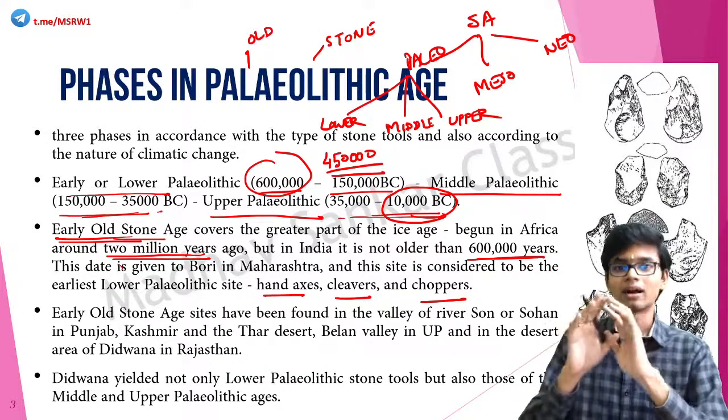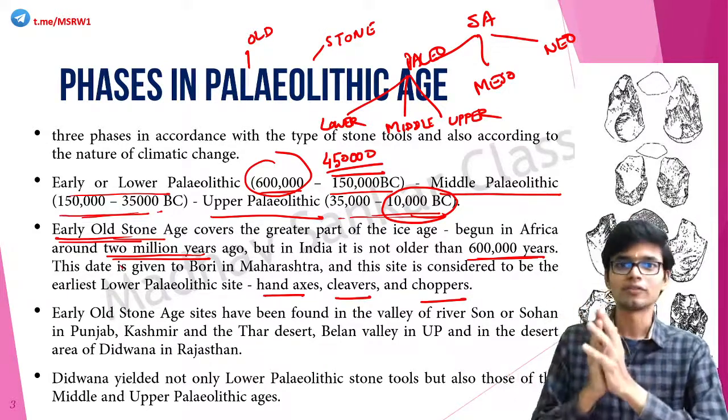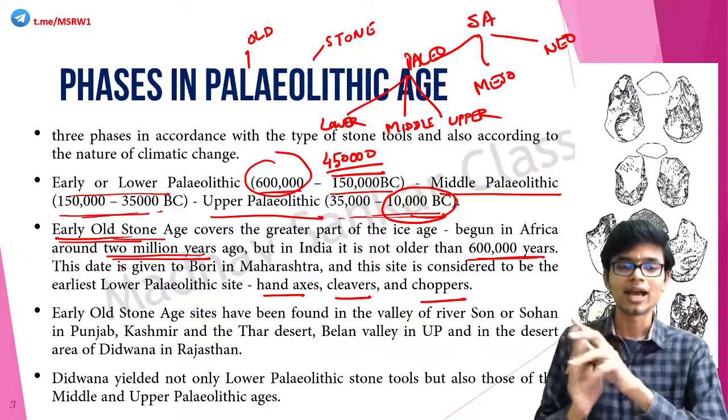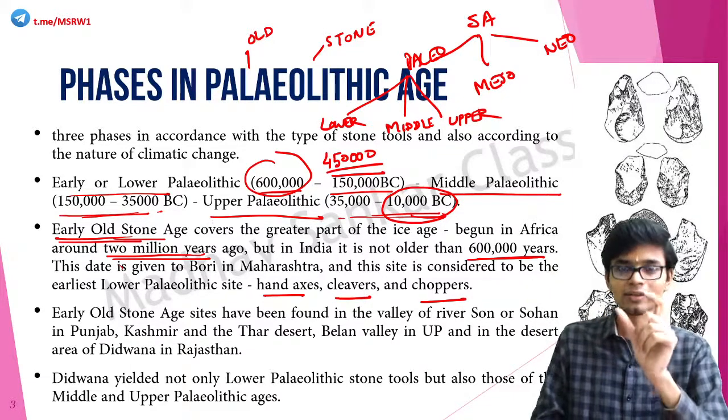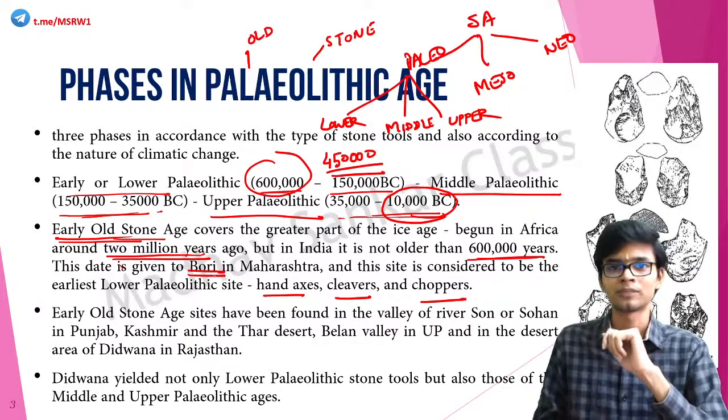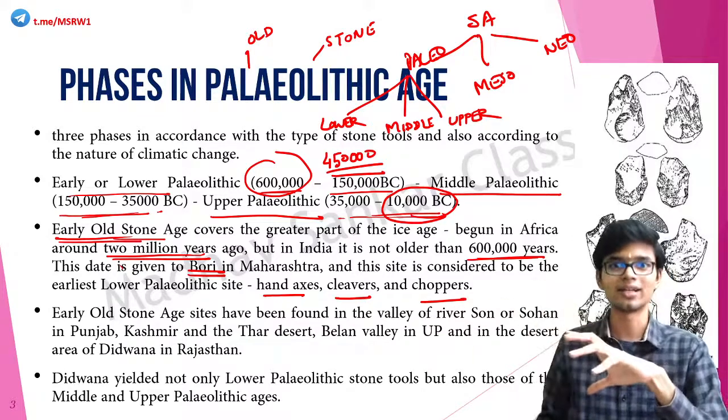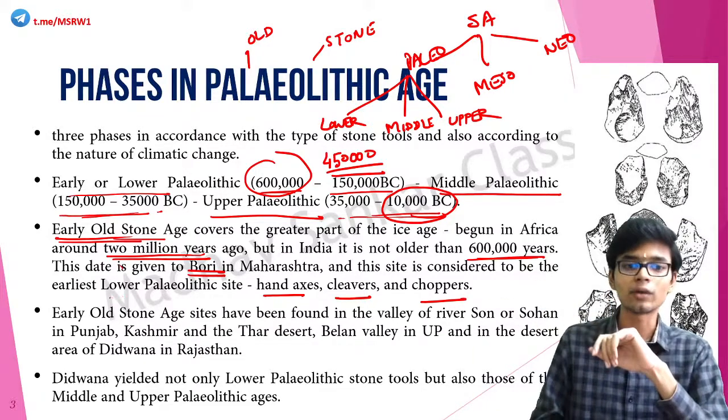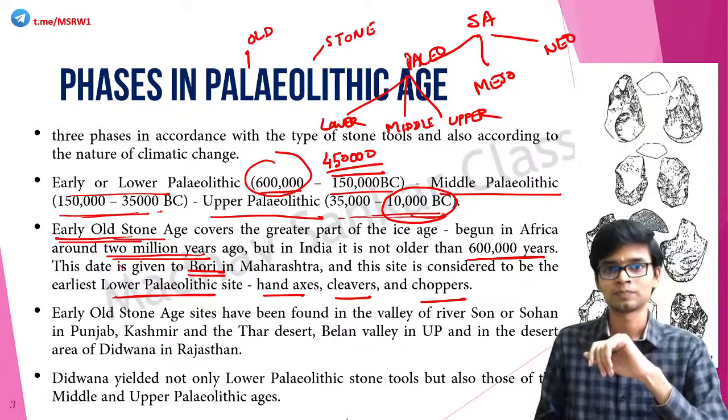Okay, and all these tools from this old Paleolithic age have been found in a very specific area known as Bori in Maharashtra. Bori in Maharashtra is actually the earliest site in India as far as the lower Paleolithic age is concerned.